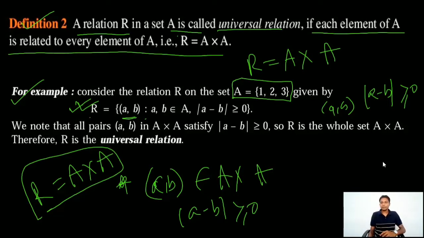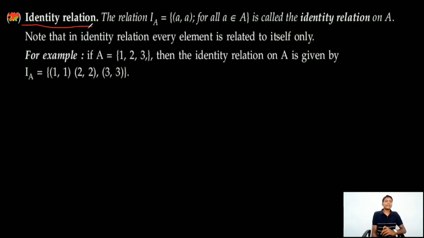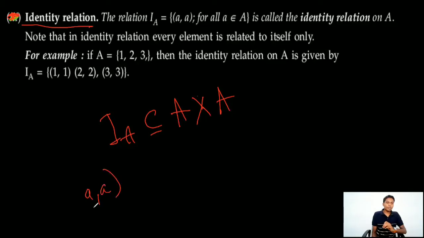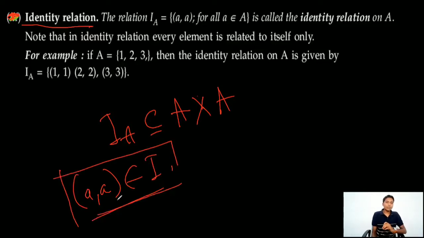Okay, now coming to identity relation. A relation I_A, a subset of A cross A, will be called the identity relation on set A if all the elements a belonging to set A are of the form (a, a) in I_A. Only these types of elements belong to I_A.